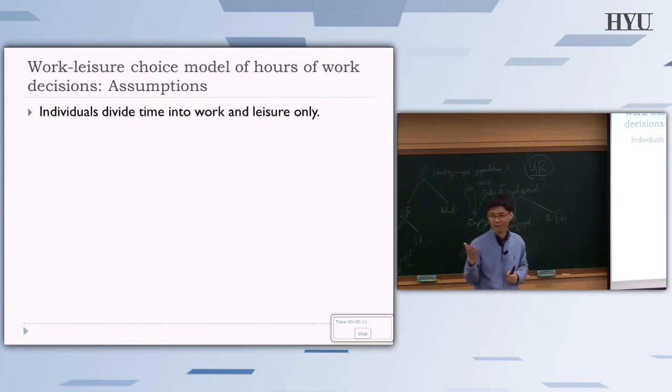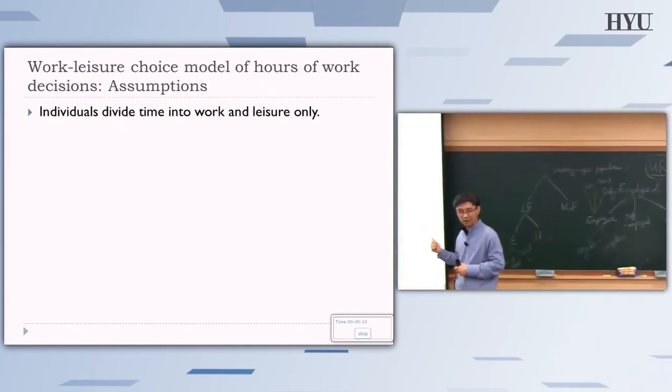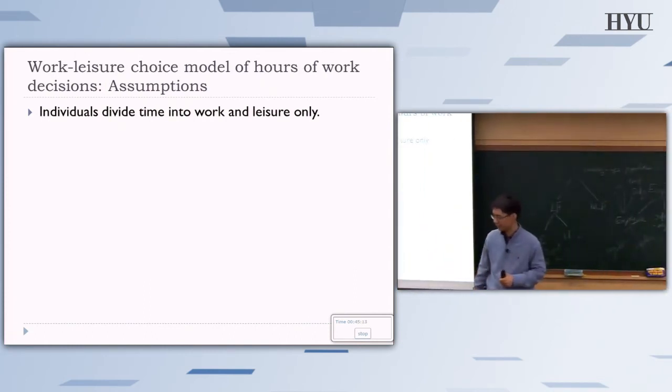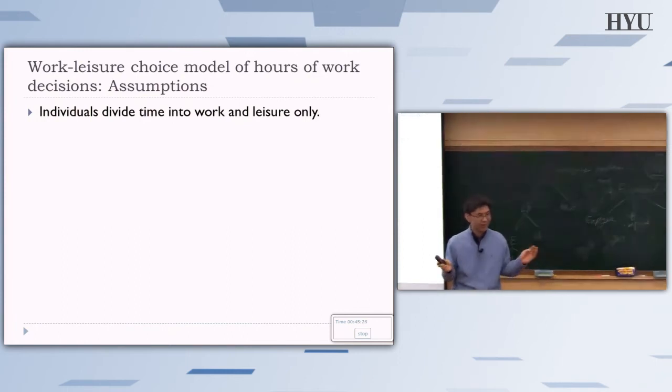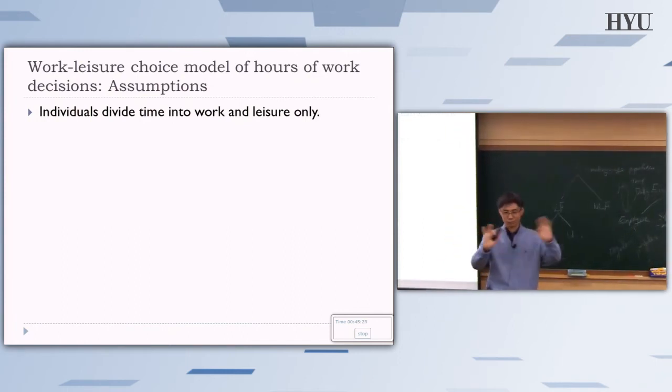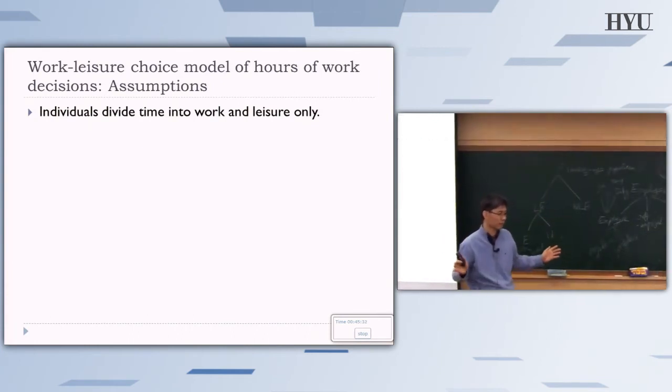So working gives you money, leisure gives you happiness. There is no third thing. It's a very simplifying assumption, but it makes sense. Anything you do other than working, we call leisure.